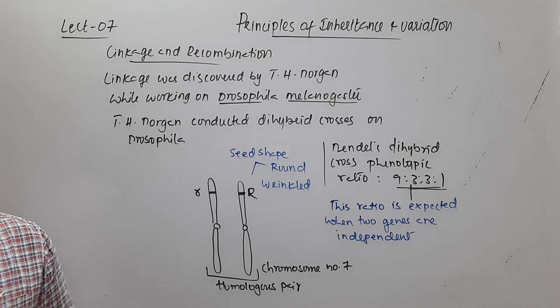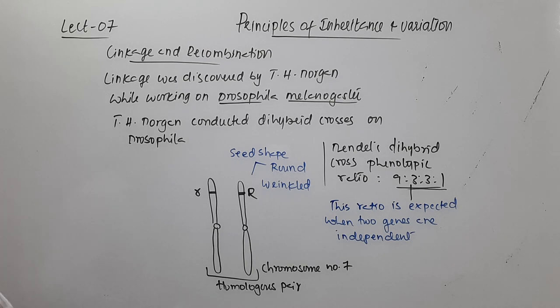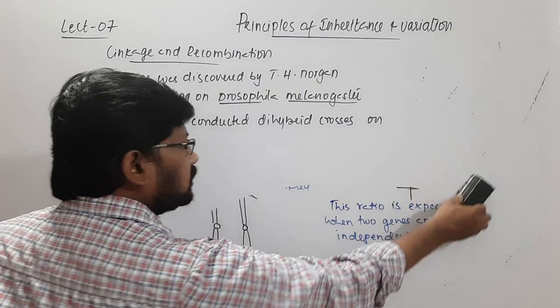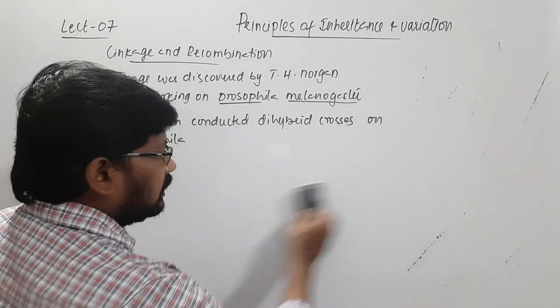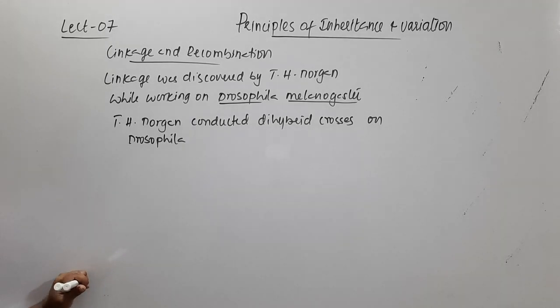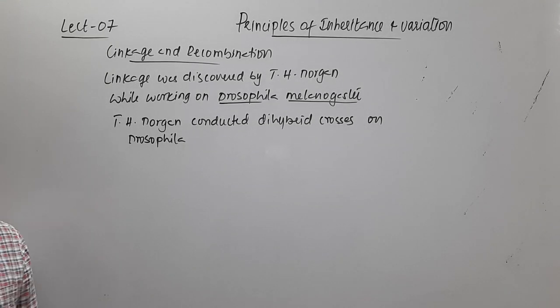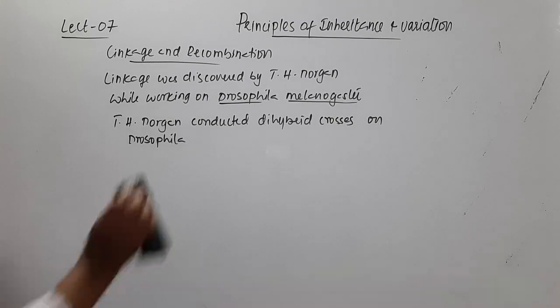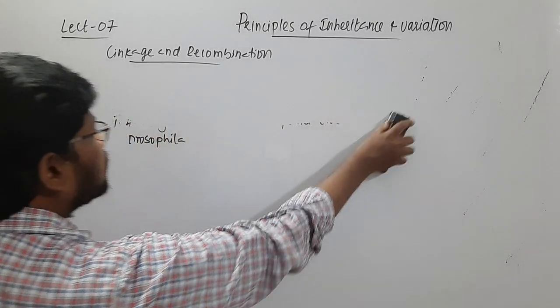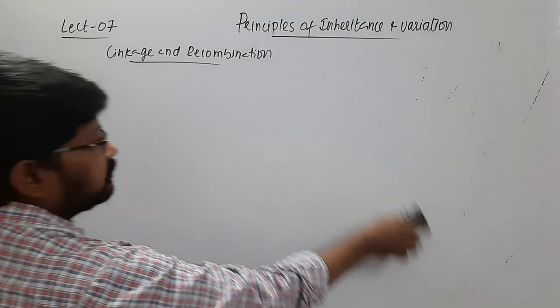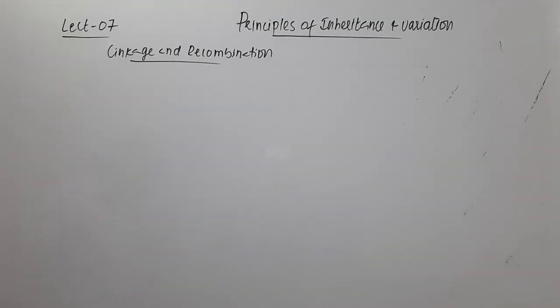So this ratio is a deviation from Mendel's dihybrid cross. Let's see how Morgan conducted experiments on Drosophila.